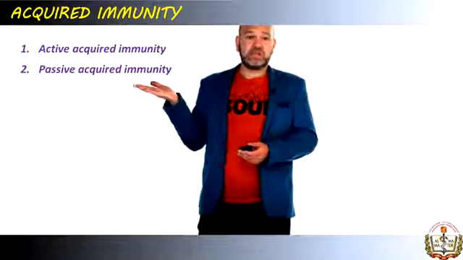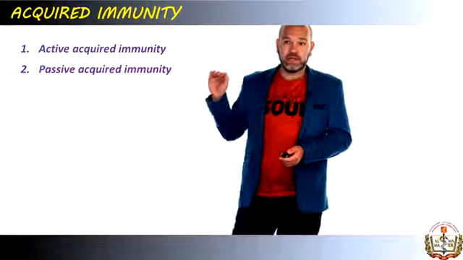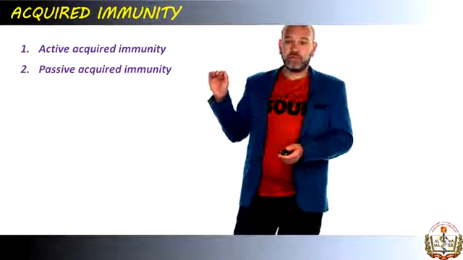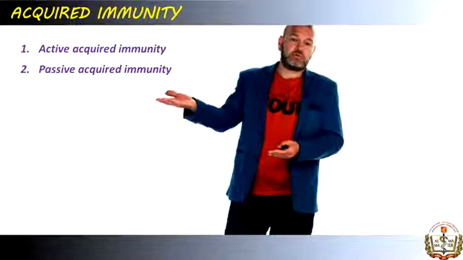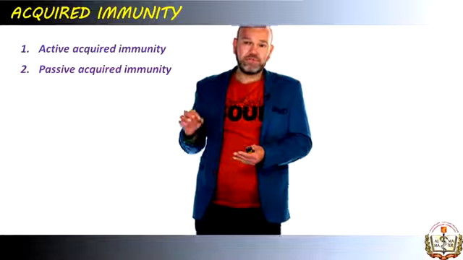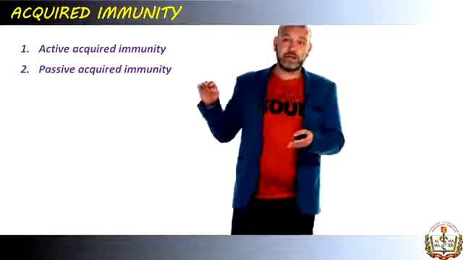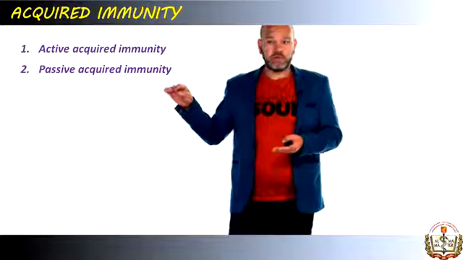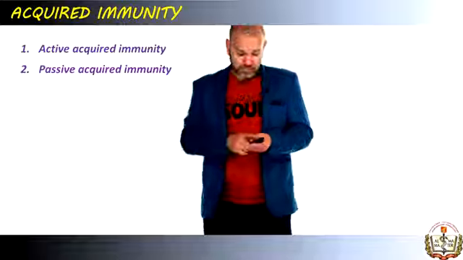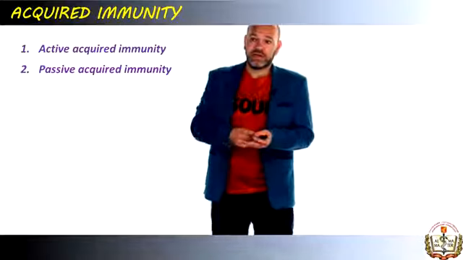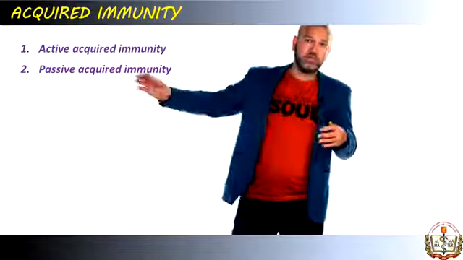The same is here. We have two types of immunity: active and passive. The main difference is in activity, as is obvious from the name. Active acquired immunity is the type of immunity when your own cells produce the immune response themselves. They can produce antibodies, they can activate memory, they can activate all chains of immunity.